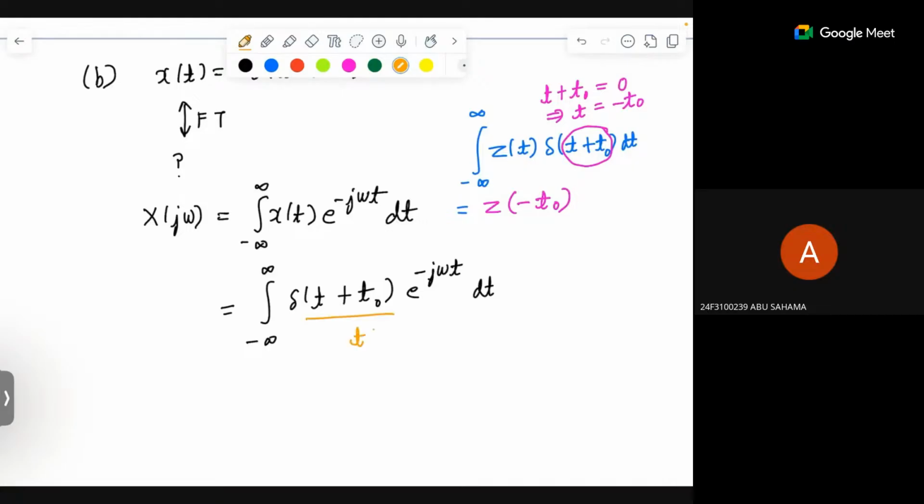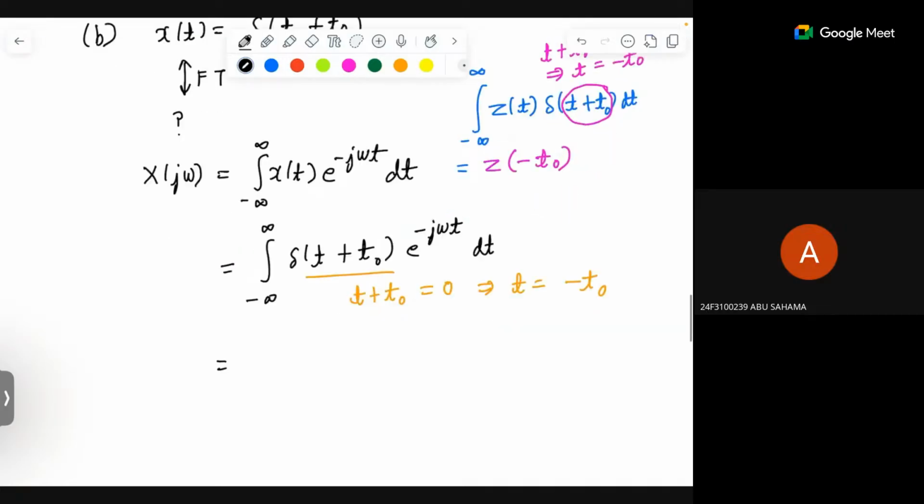I put t plus t naught equal to 0. That gives me t is equal to minus t naught. So my integral will become e raised to the power of minus j omega into minus t naught. That will become e raised to the power of j omega t naught. Is this clear?